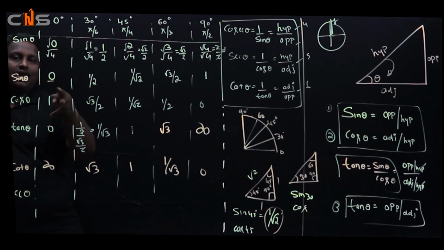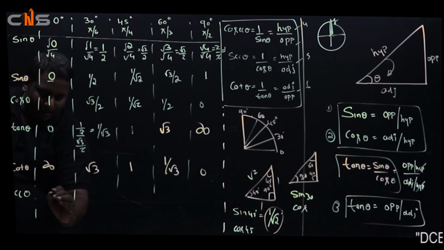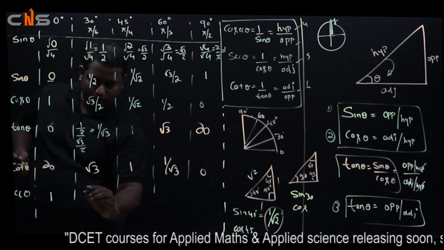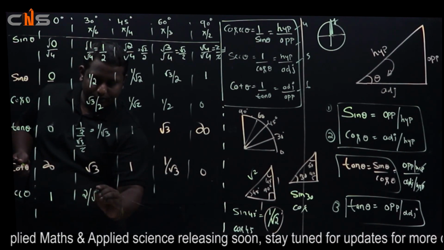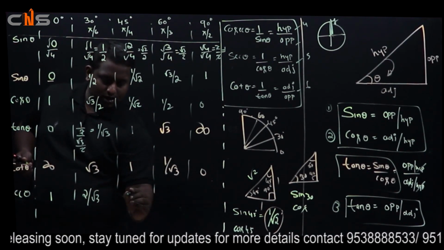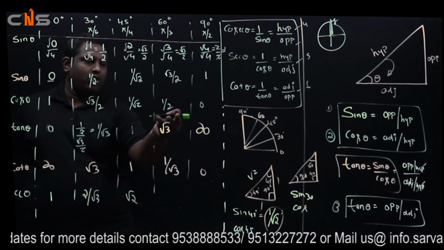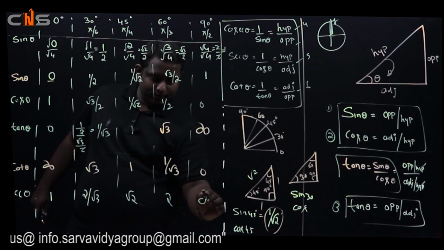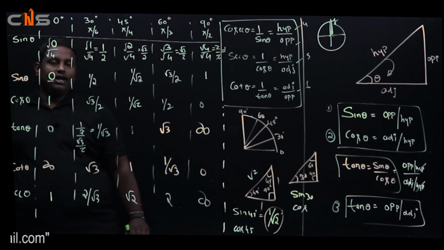Secant theta is the inverse of cos. So 1 by 1 will be 1. Then root 3 by 2, inverse is 2 by root 3. Root 2, then 2, then 1 by 0 is infinity. Clear with this?